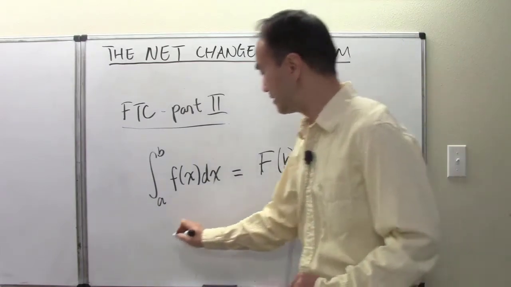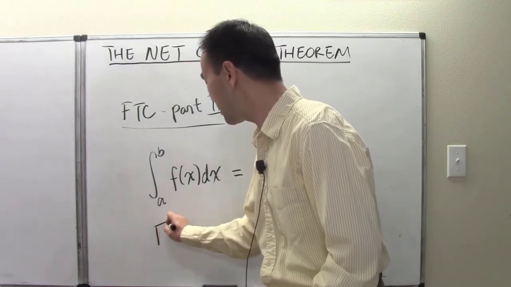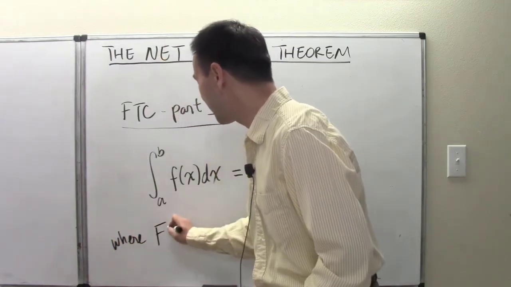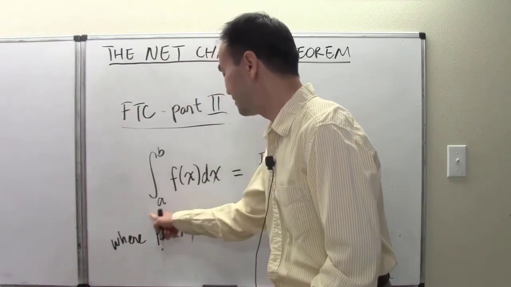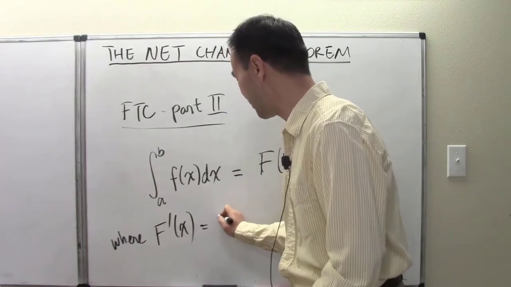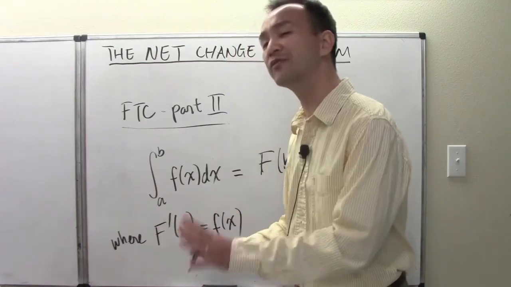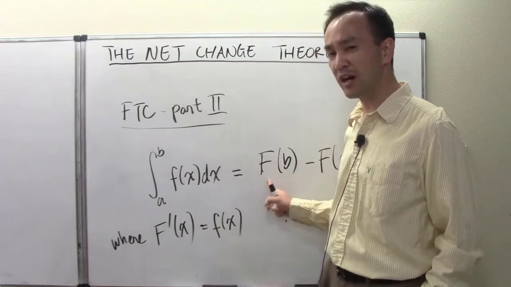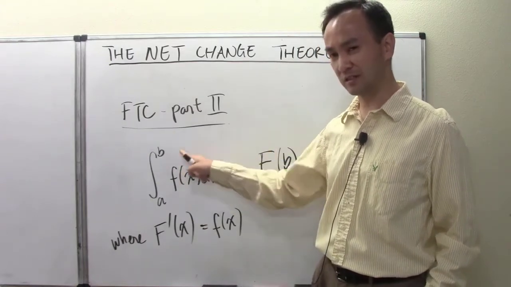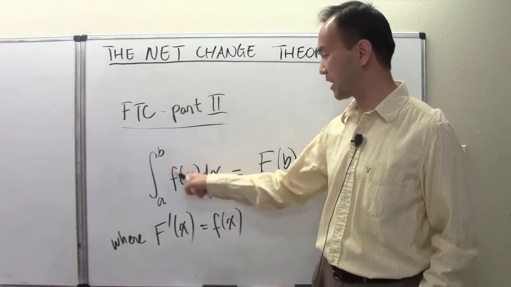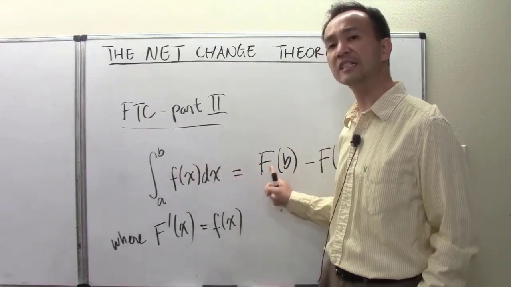So as a reminder, capital F is that function where capital F prime of x equals f of x. Or in other words, the shocking result we've learned in the fundamental theorem of calculus is that capital F relates to our main function in the integral problem as the antiderivative.